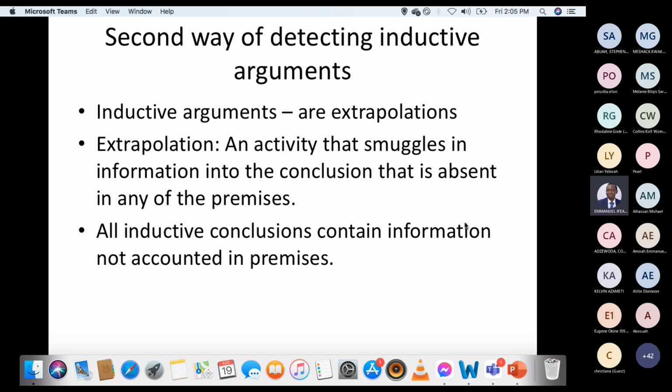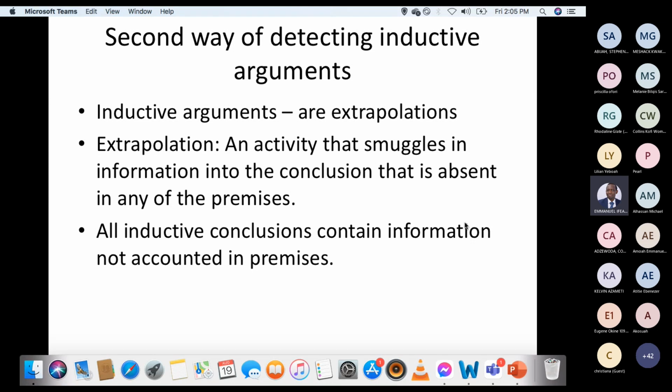An extrapolation is an activity that smuggles in information into the conclusion that is absent in any of the premises.